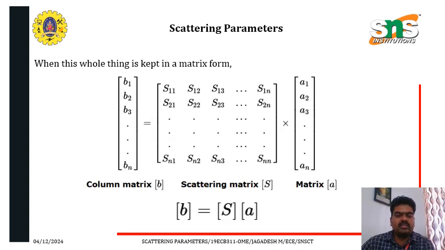When you simplify this, we have the matrix B1, B2, B3 up to Bn equal to S11, S12, S13 up to S1n, and so on up to Sn1, Sn2, Sn3 up to Snn, multiplied by A1, A2, A3 up to An. The simplified representation is the column matrix B, then the scattering matrix S, then the column matrix A, which in simplified form is B equal to S into A.